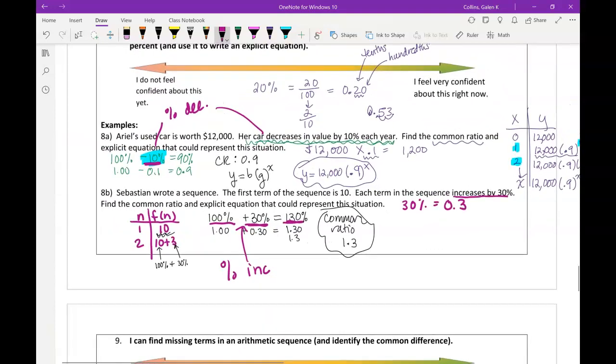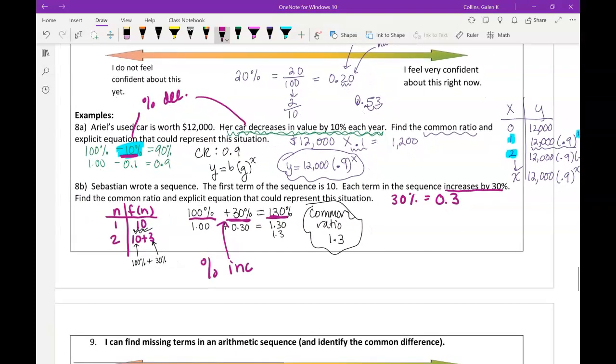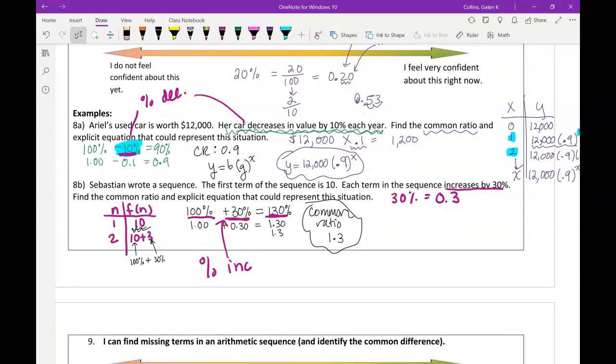All right, so then lastly, we're asked to find an explicit equation that could represent the sequence. Well, this time, it's not quite as easy as the one before, because I know that my value of f when n is 0 is not 10. 10 is the value of f when n is 1.